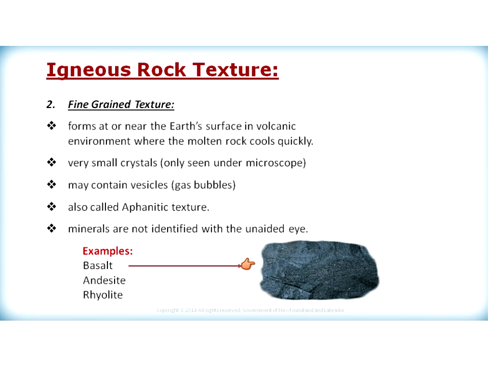Therefore, you cannot identify them with the unaided eye. So the 3 fine-grained textured igneous rocks, basalt, andesite, and rhyolite, would consist of the same texture, but are made up of 3 different compositions.